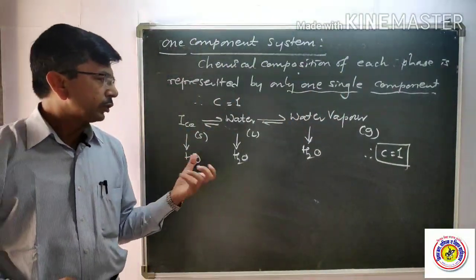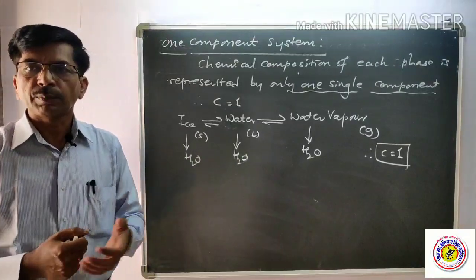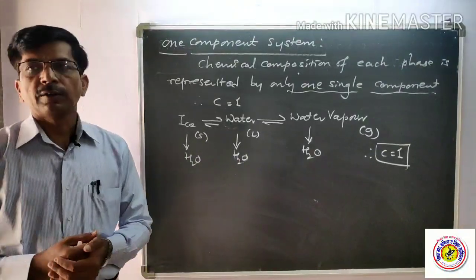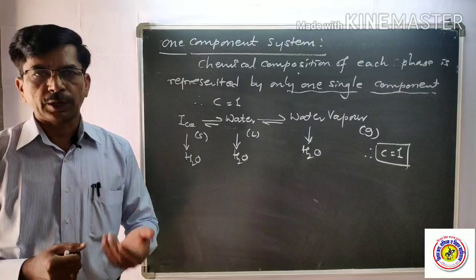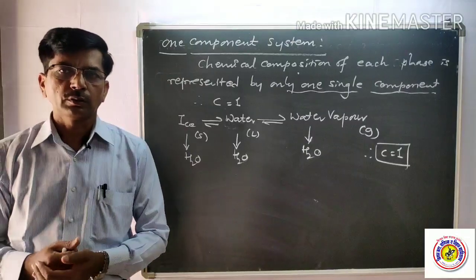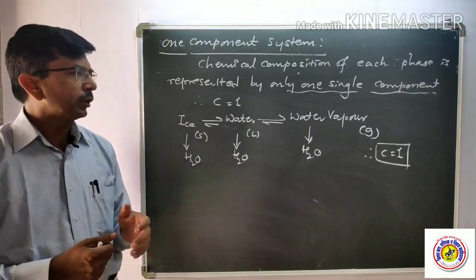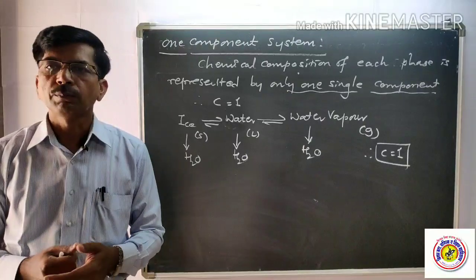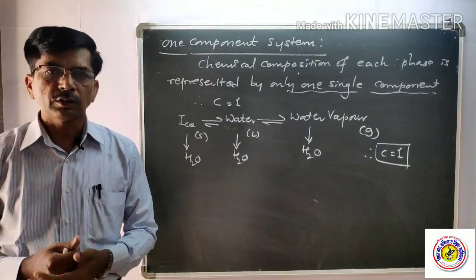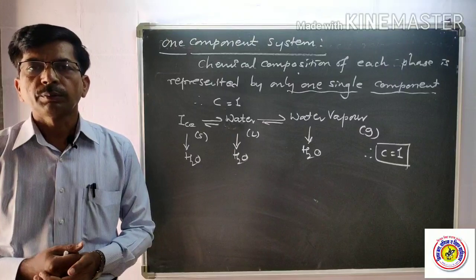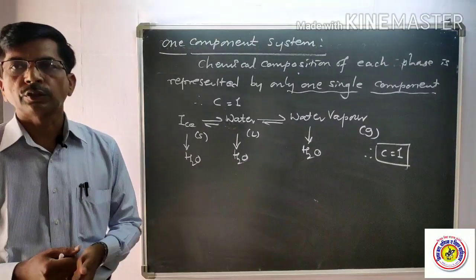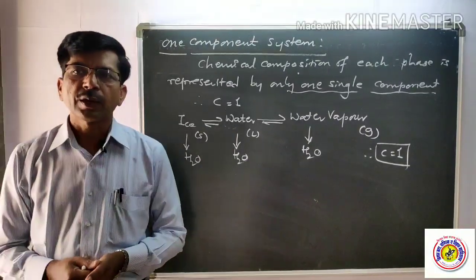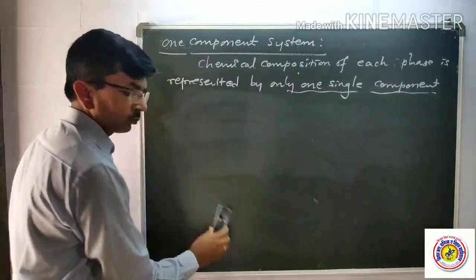Now, the existence of the state in a particular phase depends upon the temperature and pressure at that time. It is independent of the composition, or of the amount of water present in the system. Now we calculate the number of phases as well as the degree of freedom.